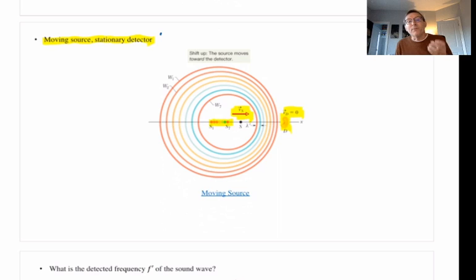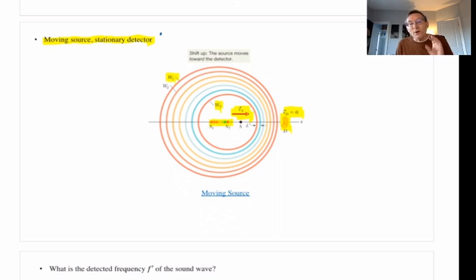So the dot labeled S1 shows you where the source was located when wavefront W1, the first wavefront, was emitted. Note in this picture, wavefront W1 is now way out on the outer edge. Versus the dot labeled S7, that's the location of the source when wavefront W7 was emitted. Notice W7 is the inner wavefront because it's the most recent one.